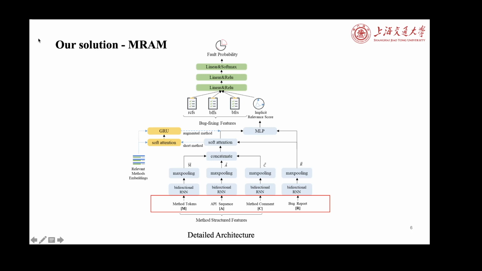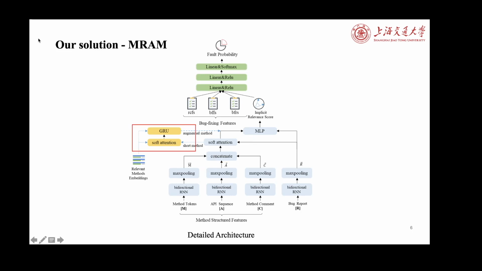To bridge the gap between natural language and the programming language, the semantic matching network captures both semantic and structural feature information of a source method with bidirectional RNN and soft attention model. In this way, the source method can be matched with the bug reports in a unified vector space.